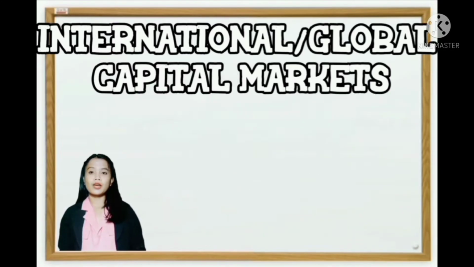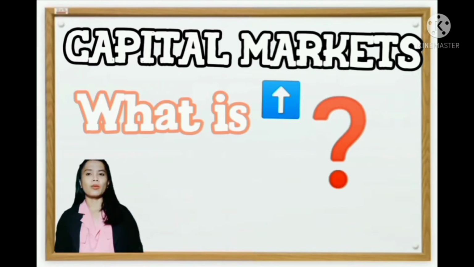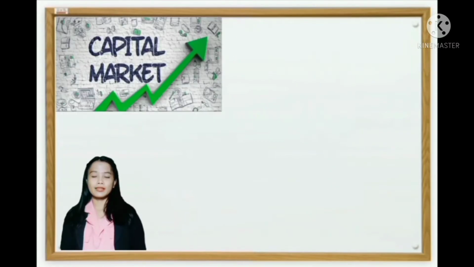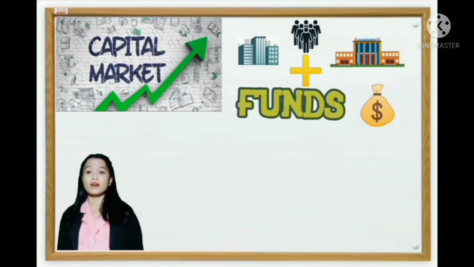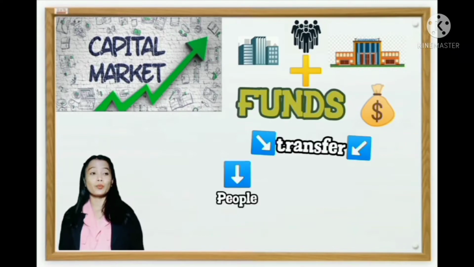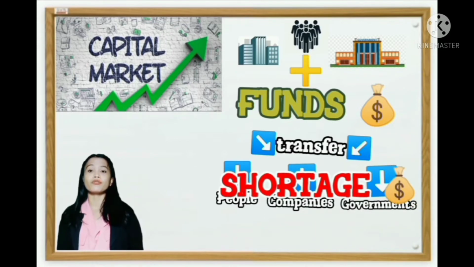Let's discuss first the capital market. So, what is the capital market? The capital market is basically a system in which people, companies, and governments with an excess of funds transfer those funds to people, companies, and governments that have a shortage of funds.